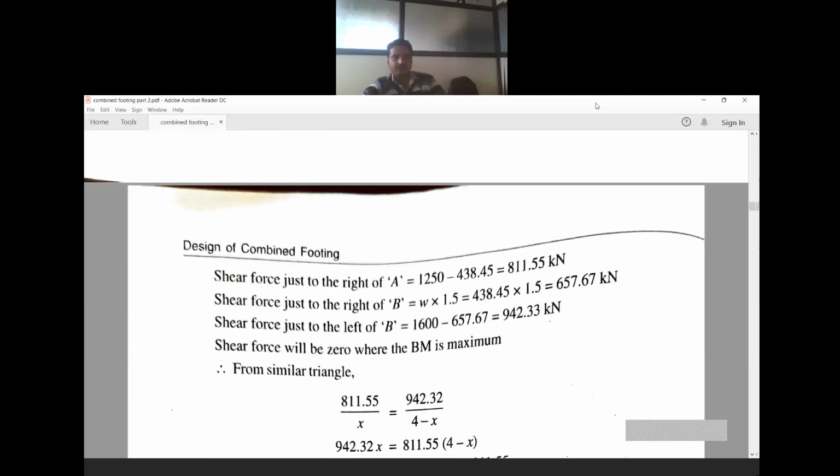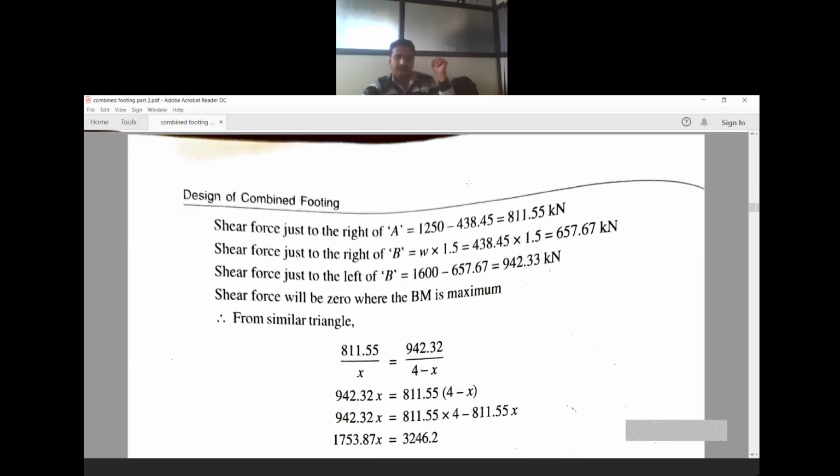After passing that column load, it will get added. The column load of 1250, which is acting downwards, will get added to the previous value, and you will get 811.55 kilonewton.